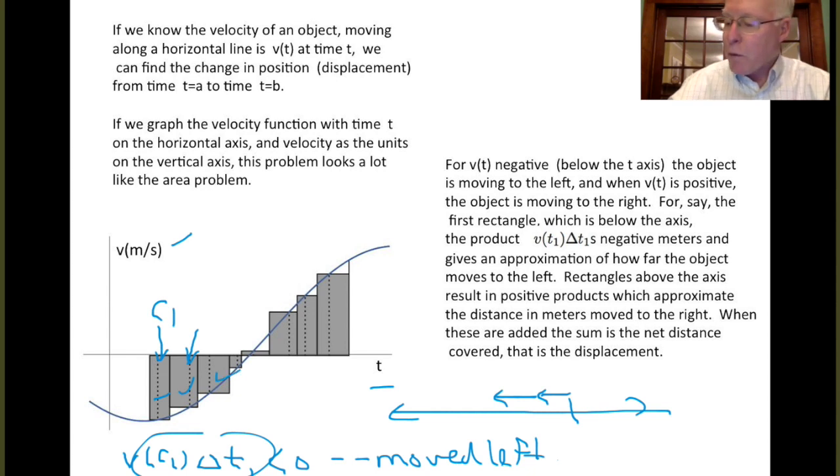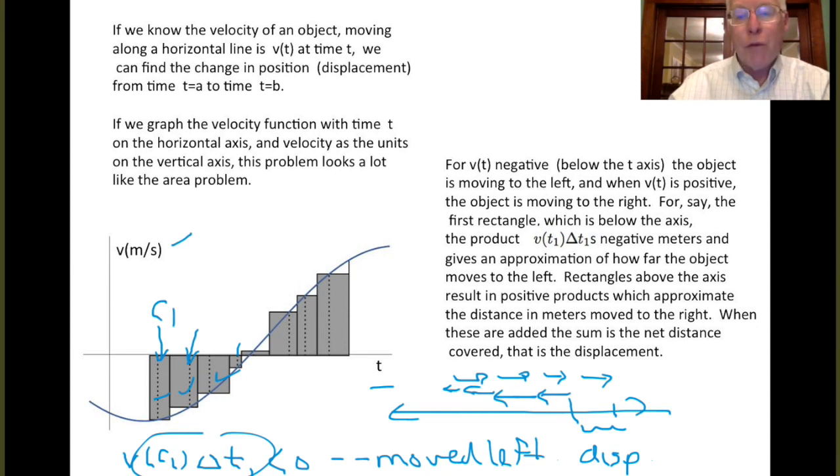And then we have more motion to the left, and then a little more motion to the left from that small rectangle there. And then from that point on, our rectangles are above the axis, and so then the object starts moving the other way. And if, let's say, by the time we hit time b, we're at this point, we then have this displacement.